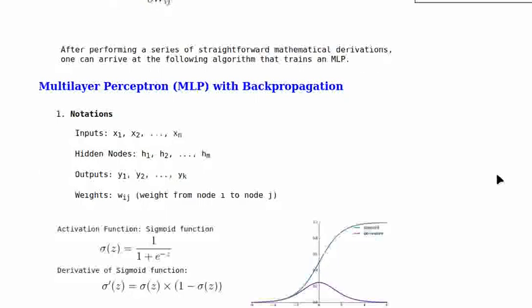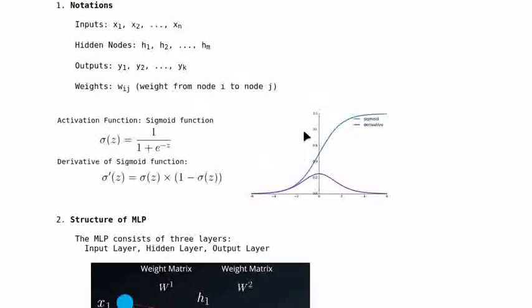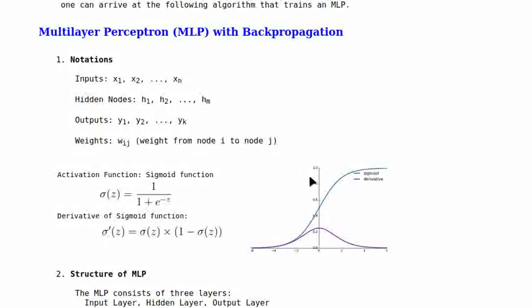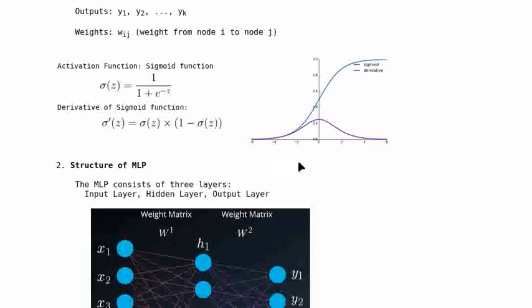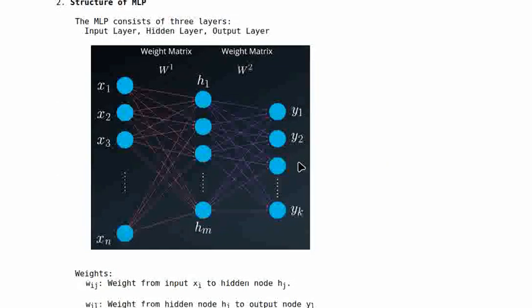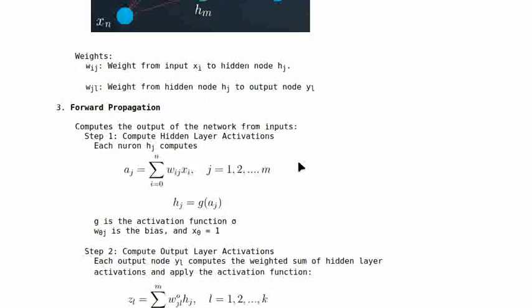This shows the details of the calculations. We use a sigma function to calculate the final input to a neuron of the hidden layer.